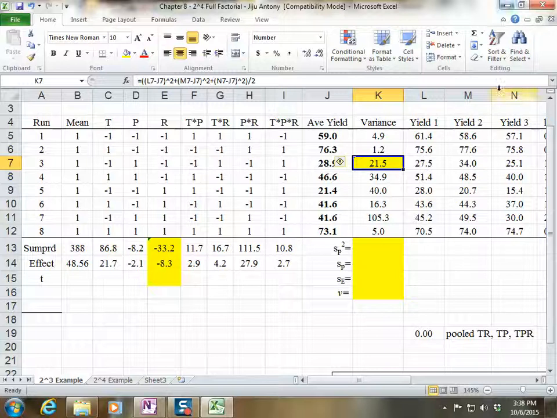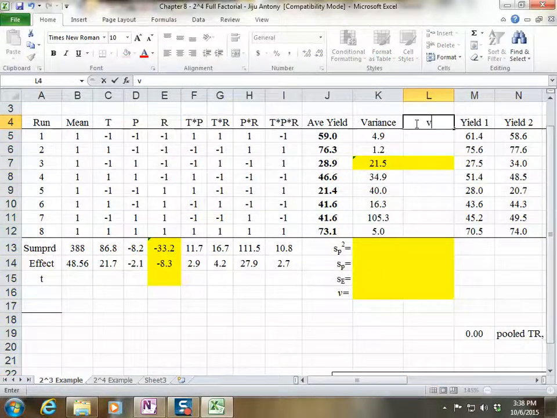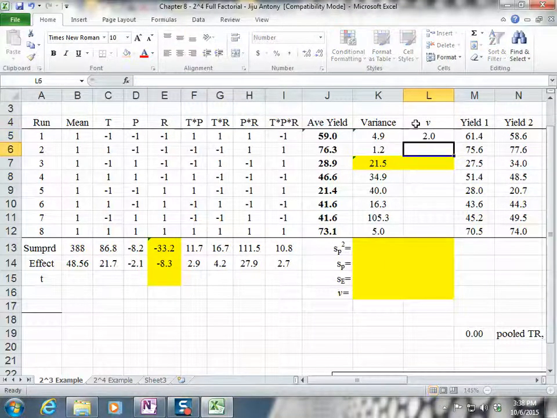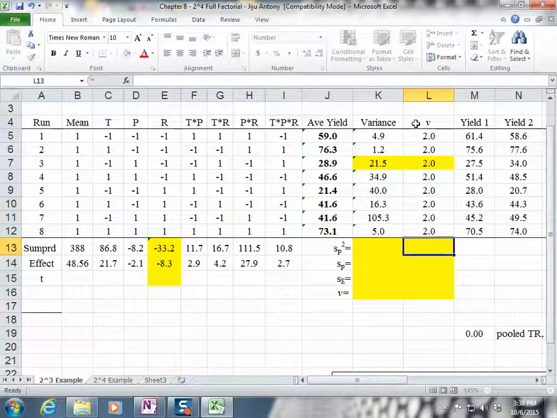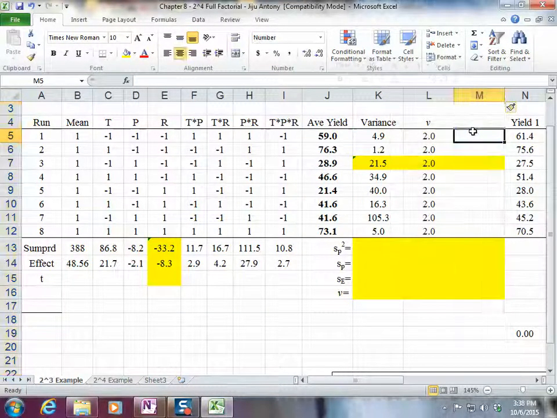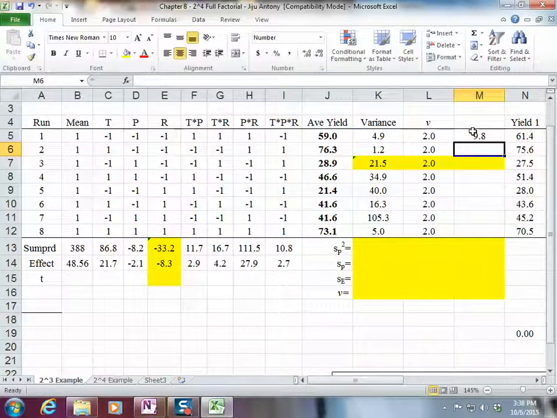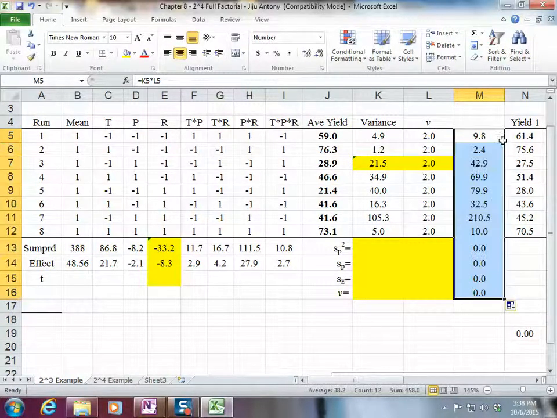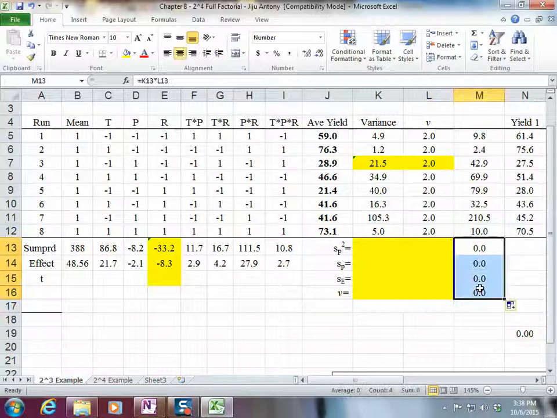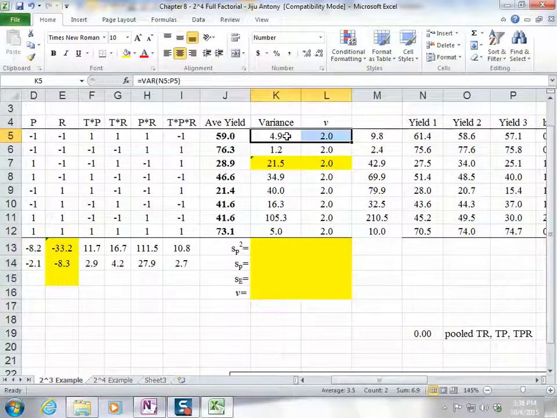Now I'm going to insert this. What I really ought to have is a degrees of freedom column, saying I've got 2 degrees of freedom at each of these locations. So I take that times that. Why are there 2 degrees of freedom associated with this variance?